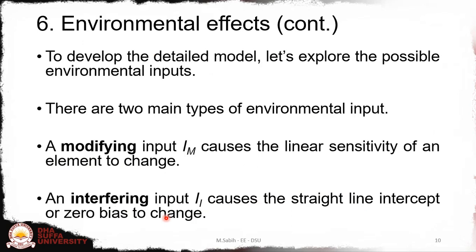To develop the detailed model, let's explore the possible environmental inputs first. There will be some environmental inputs which will modify the linear sensitivity, so they will change the trend, and there will be some interfering inputs from the environment. They will change the straight line intercept or cause the zero bias.